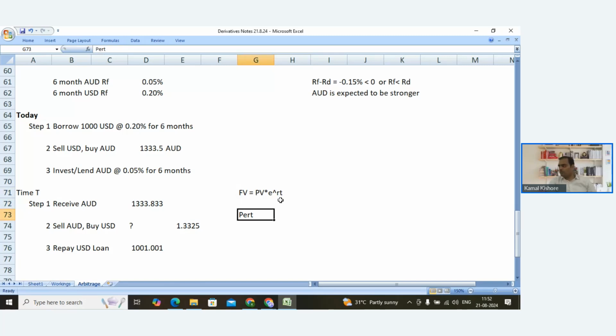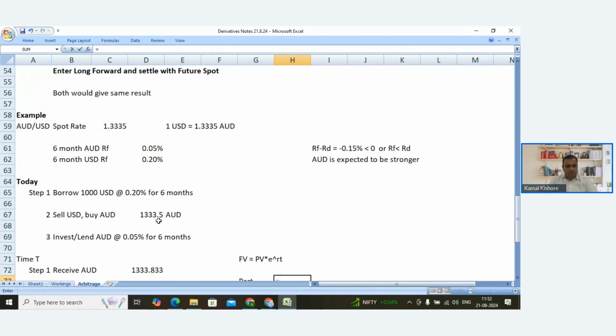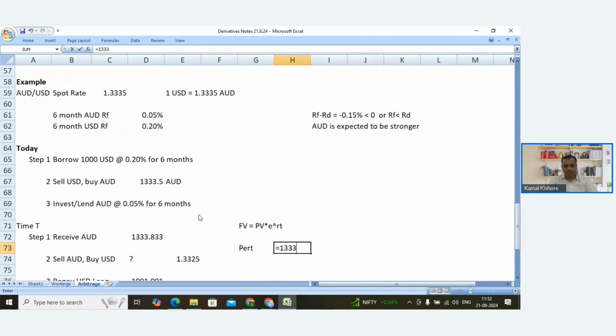In your calculator, what are the numbers here? What is the present value for AUD? This is 1333.5 into e to the power what? You have the e function.